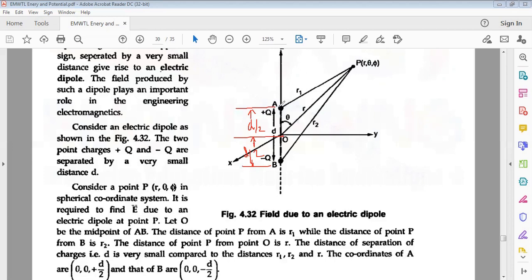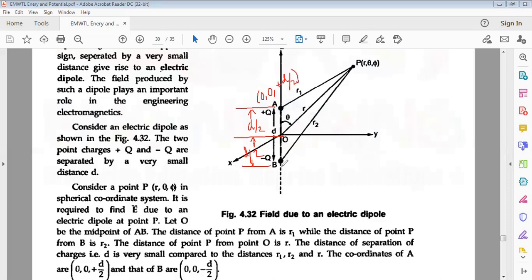The coordinates of A: A is on the z-axis, so for a point on the z-axis the x value is 0 and the y value is also 0, and the z value is d/2. So A is (0, 0, plus d/2).